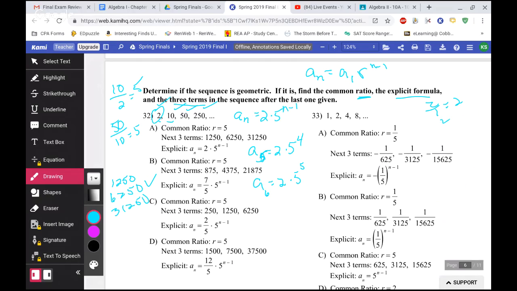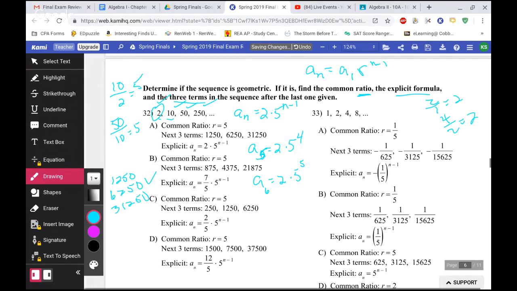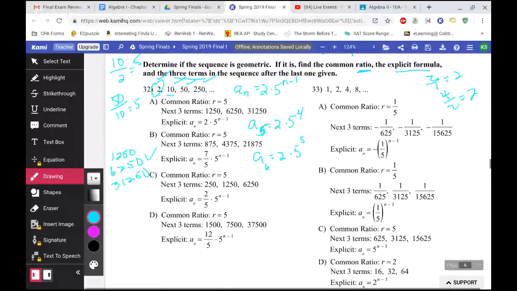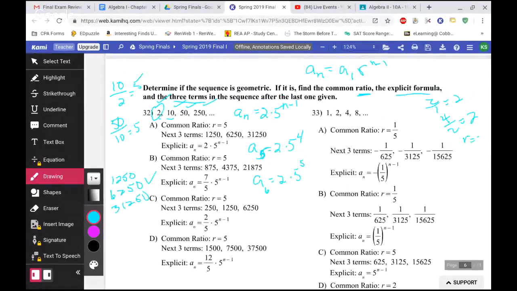It's only geometric if the ratio between the 1st, 2nd, and 3rd terms are all common. So you want to confirm it by doing an additional ratio. Check the ratio on them. Does that make sense to everyone? The common ratio is 2.